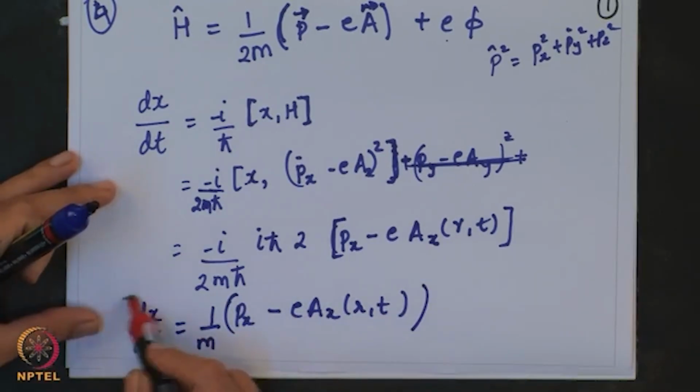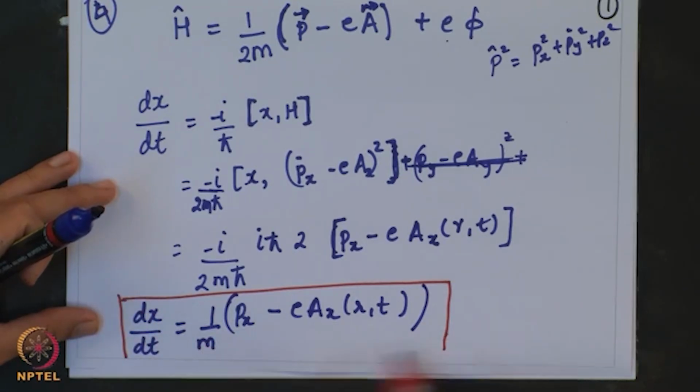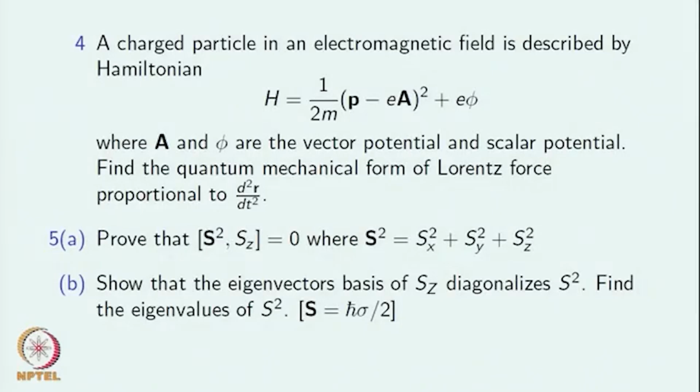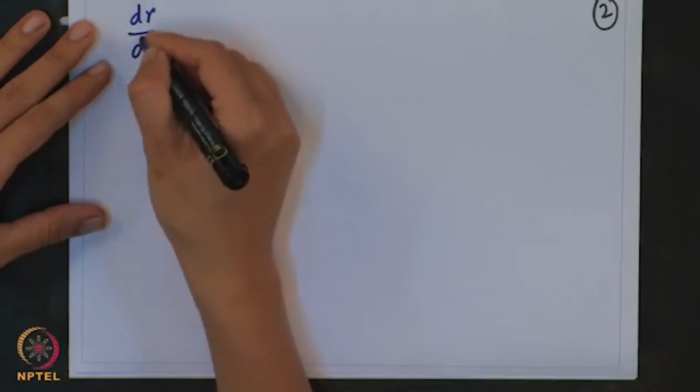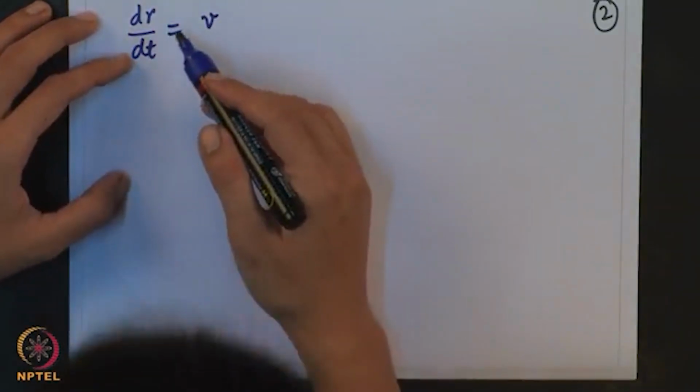So, the next step would be to calculate v and dv by dt. Now, we know the simple definition of velocity v is dr by dt. So, dr by dt will give me v, and this was for dx.